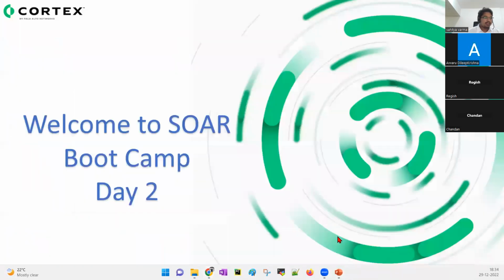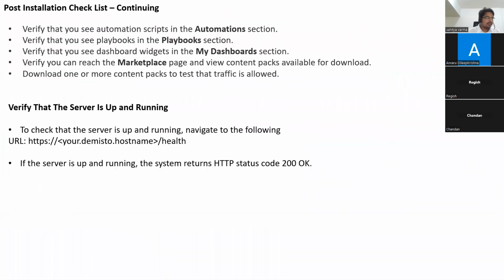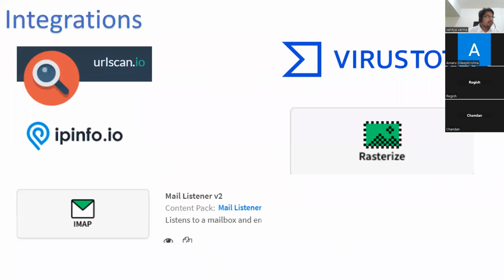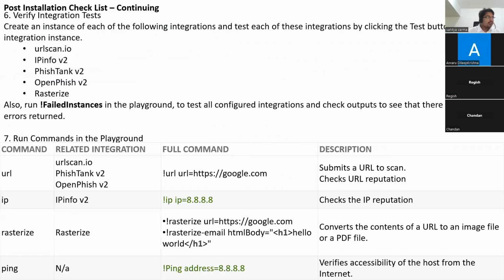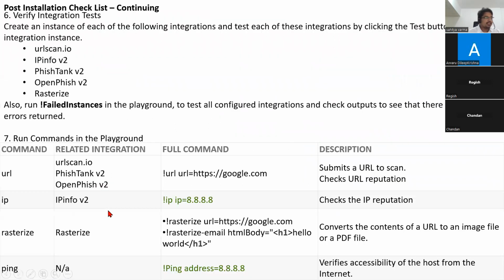And while it's coming up, I'll show you what we are going to achieve today. Yesterday we did up to this part, the post-installation check, and we did the Docker images and Python script testing.